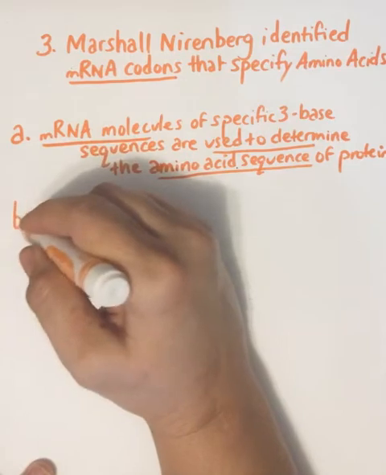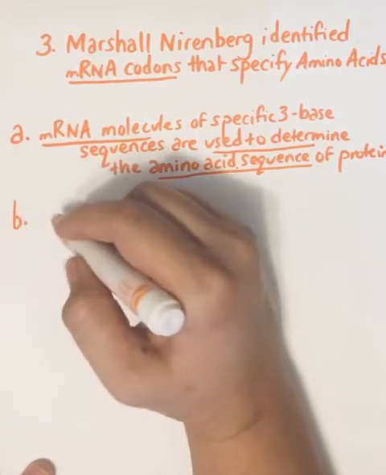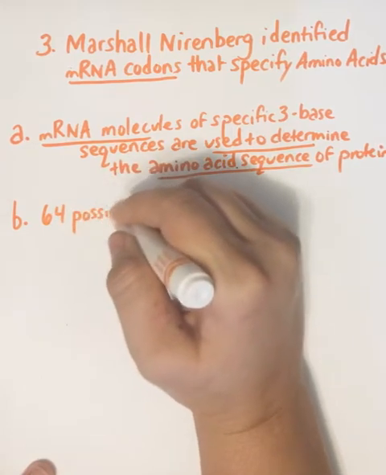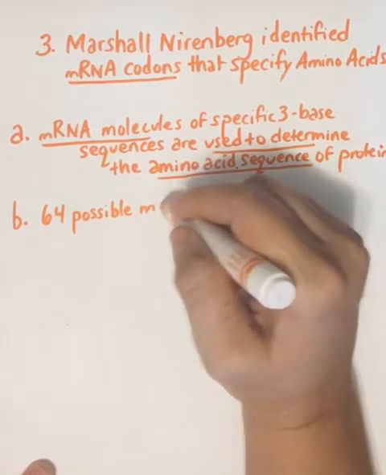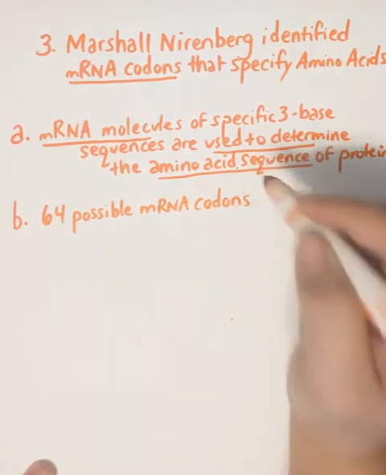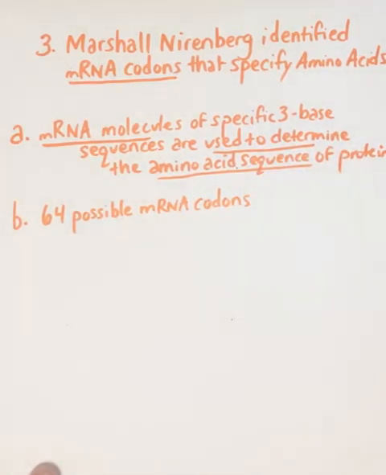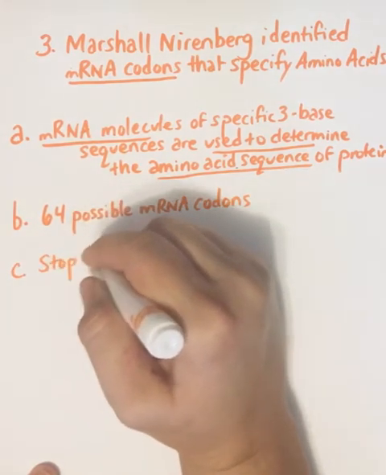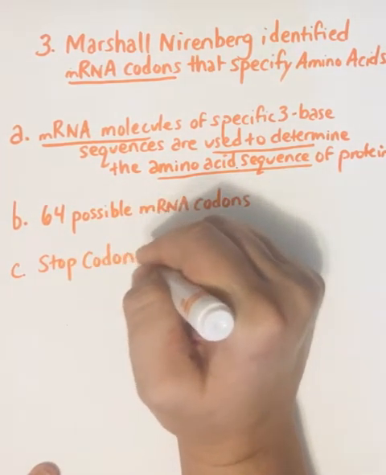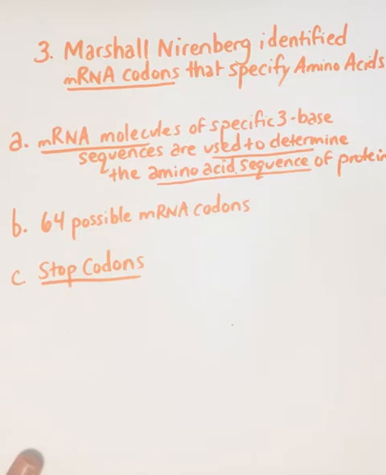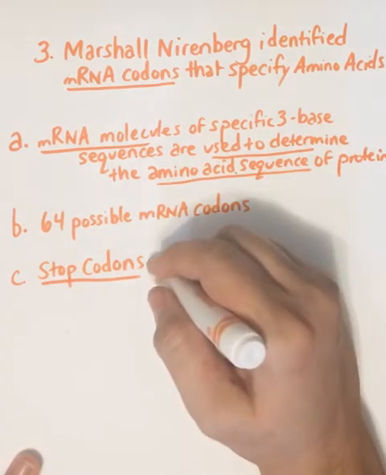Now, something else that he discovered is that there were 64 possible mRNA codons. Something he also discovered is that there are stop codons. Stop codons are going to stop translation or stop the production of translation.